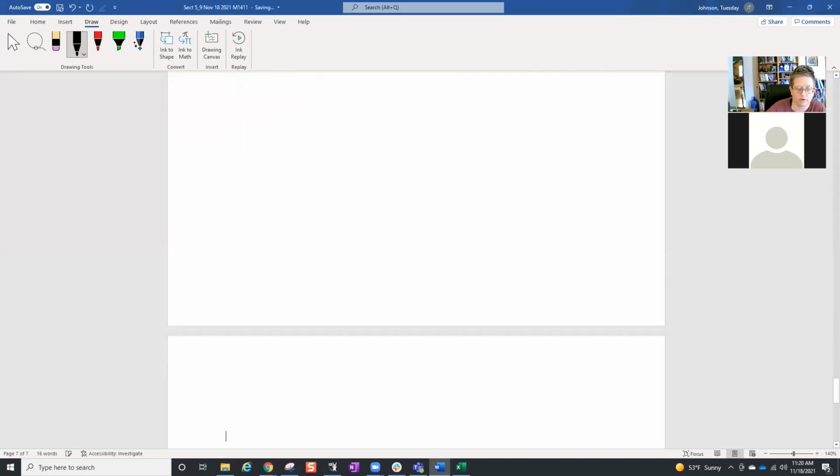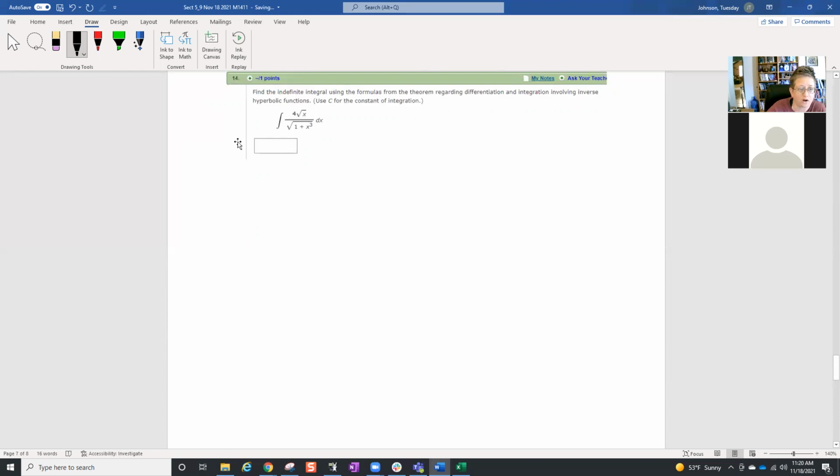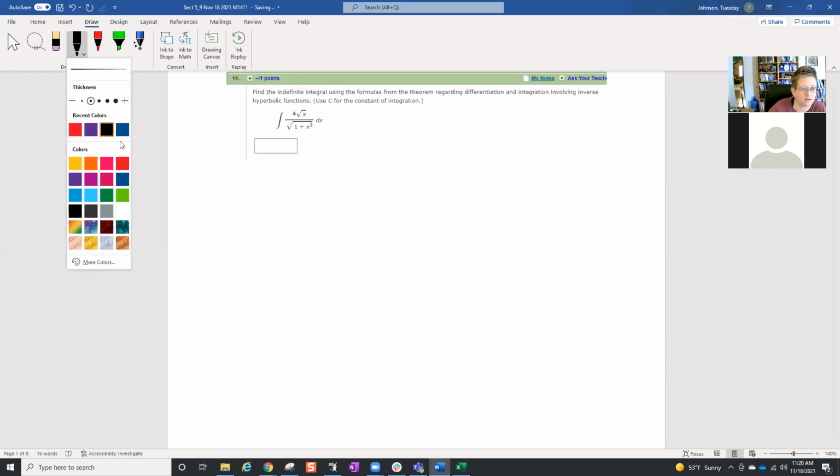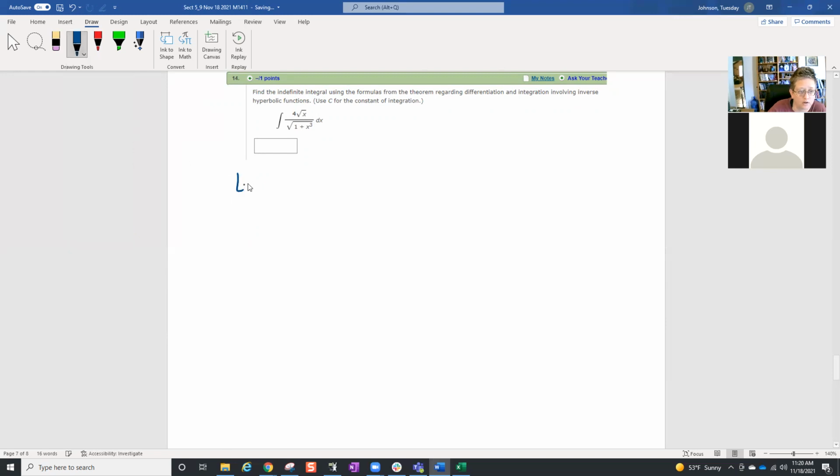Make sure I have plenty of paper just in case. All right. We are going to let u be the square root of x. Then du is 1/2 x to the -1/2 dx. But we can write this better as du equals 1 over 2 square root of x dx.